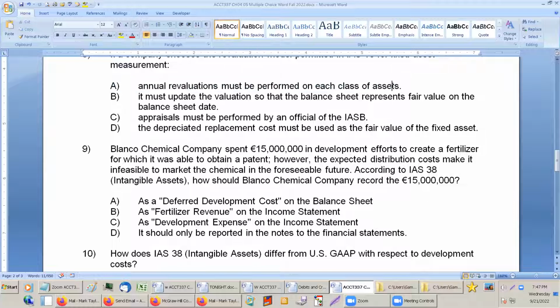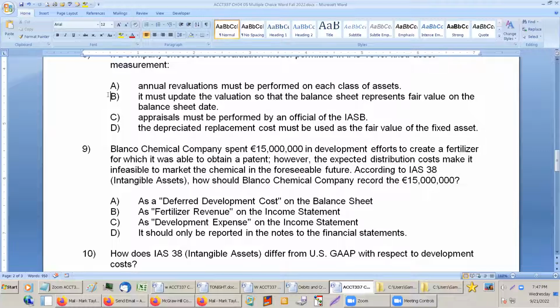Unless there's some innovation that changes things. You're not going to have an International Accounting Standards Board official perform the appraisal, because they get paid $2 or $3 million a year.